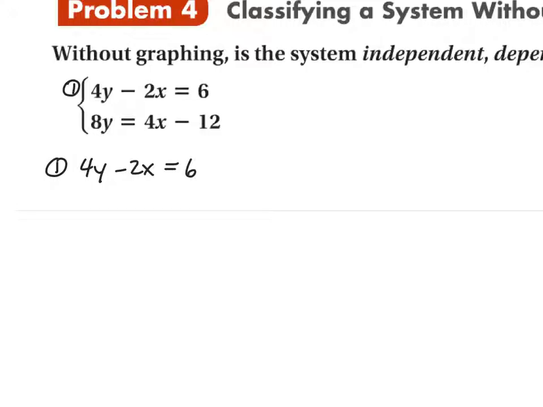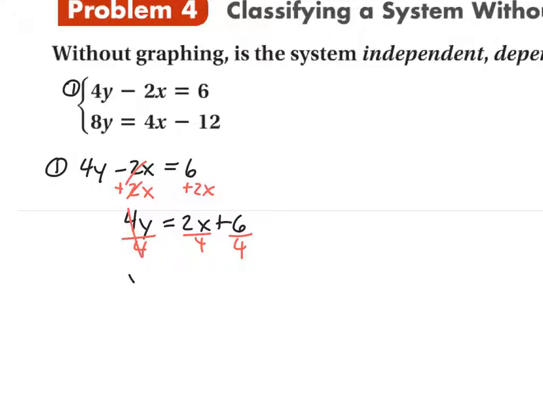And I need to rewrite it in slope-intercept form by first adding 2x. Now I need to divide by 4. When I divide by 4, I divide everything on the right side by 4.